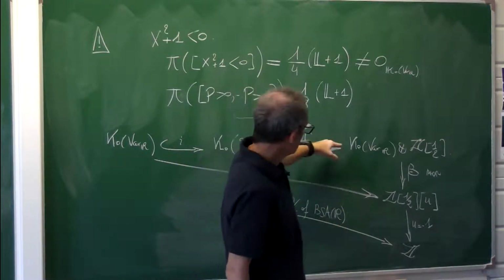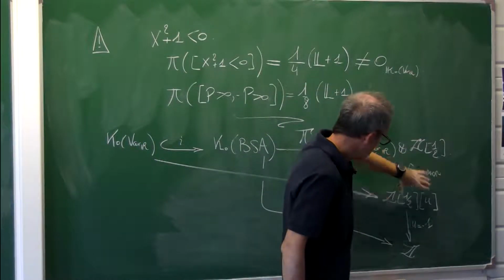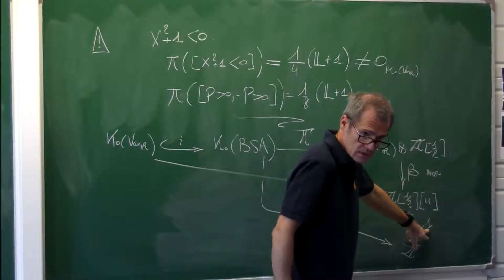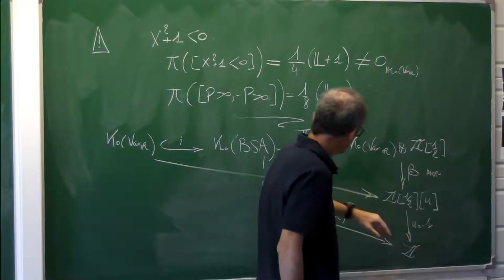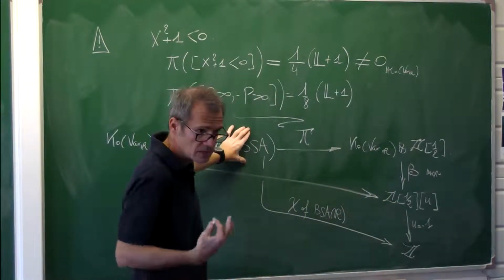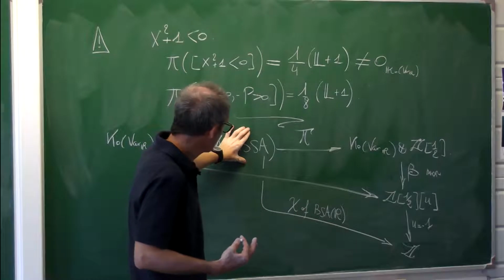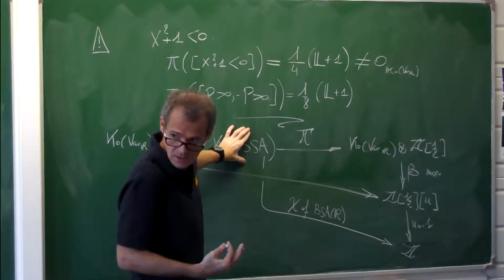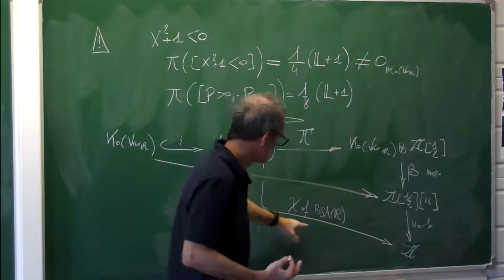So going this way, pi, beta, and evaluating at -1 is the same as taking the semi-algebraic set of points satisfying this formula, and computing the Euler characteristic of this set of points.